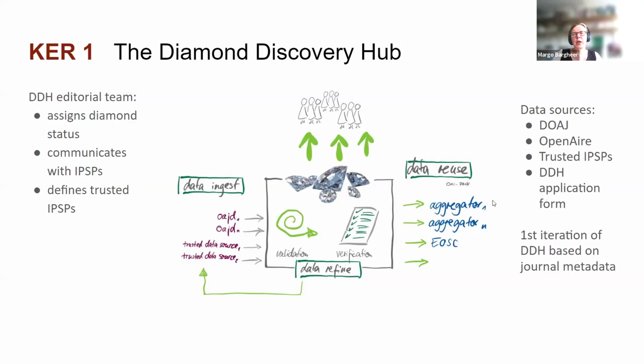And we aim for a partnership model, meaning that we will not just look into single journals, but that we will work with defined, trusted institutional publishing service providers, and that includes journals.